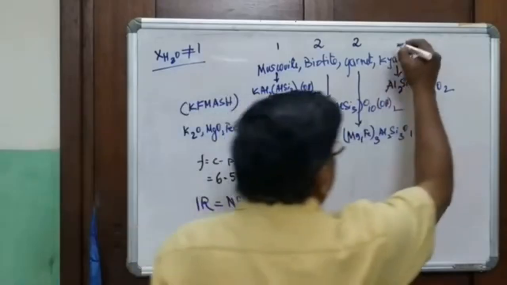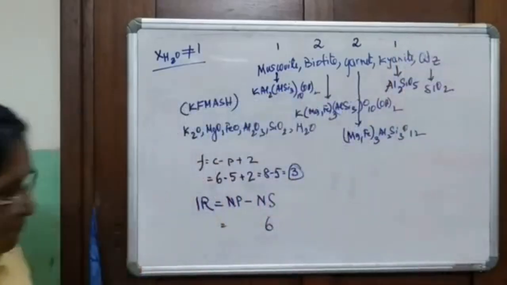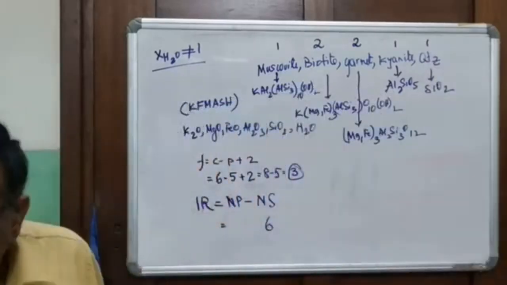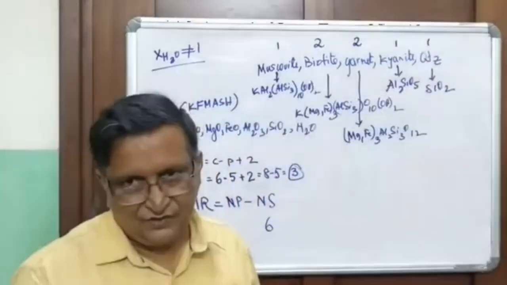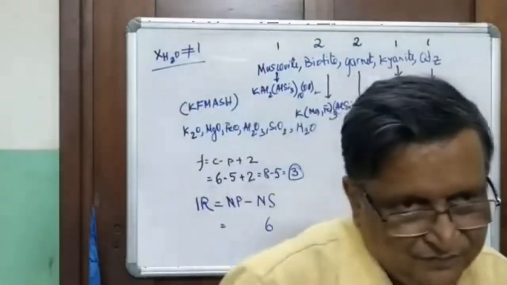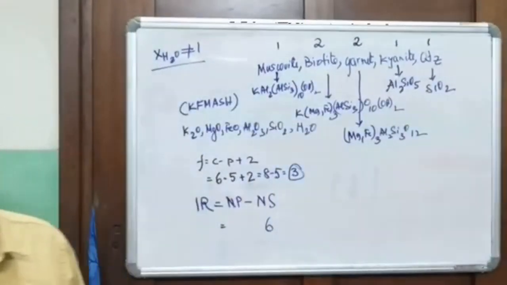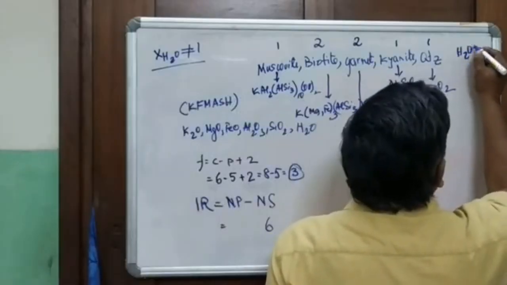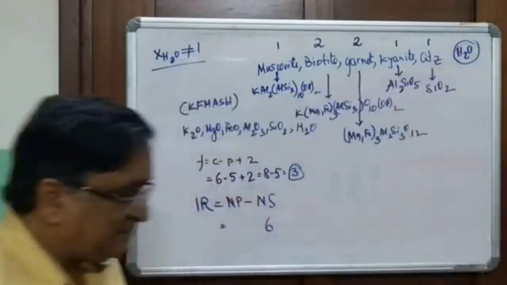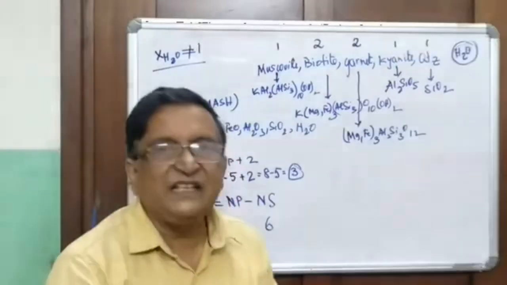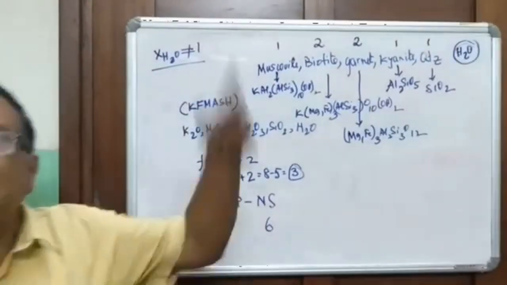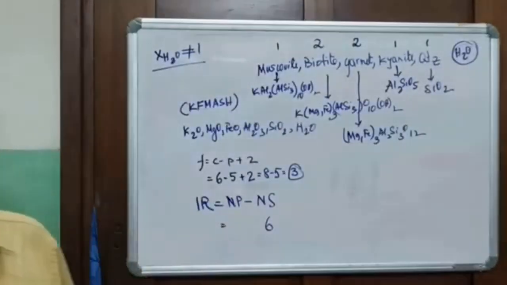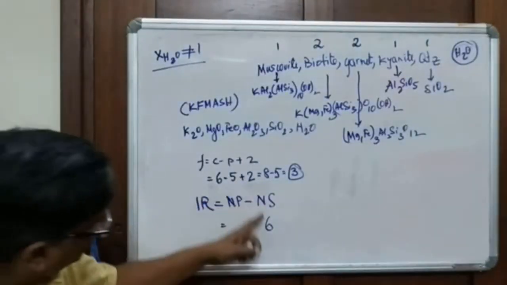For kyanite, 1, pure phase. For quartz, 1. Did I miss something? Yes, I missed H2O. It's a variable. Suddenly you have H2O. It's a variable.